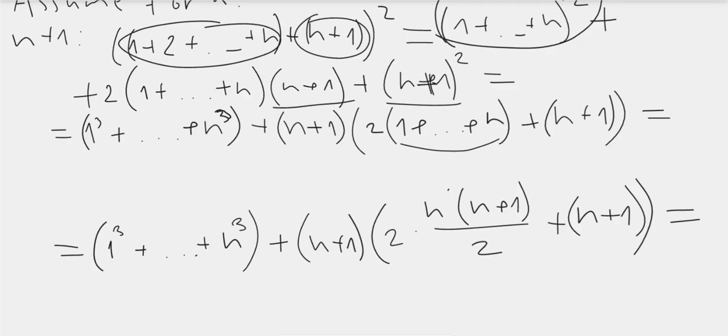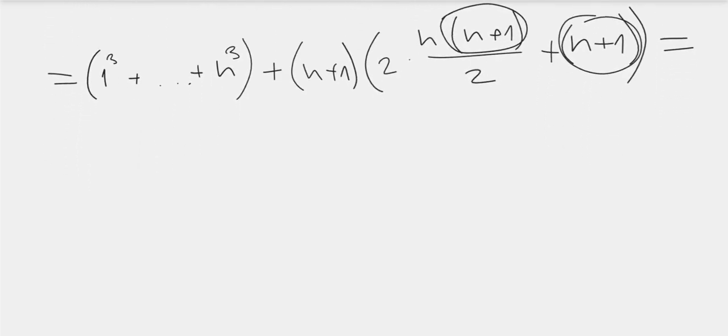We see that there is again a common multiplier here and here. We move it outside of the brackets.